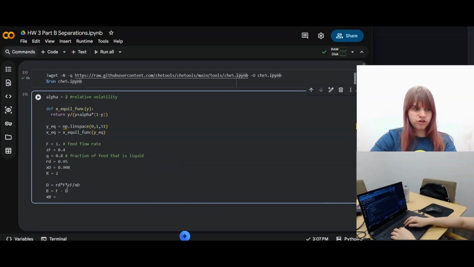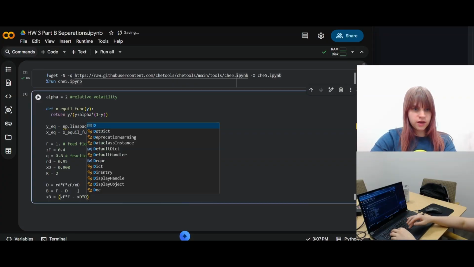And the composition of the bottoms should be equal to ZF times F minus the purity of our distillate times the distillate divided by the bottoms.